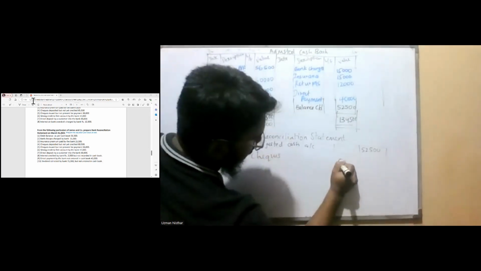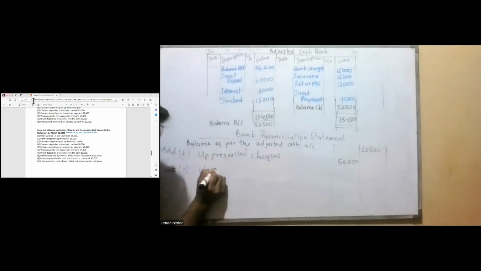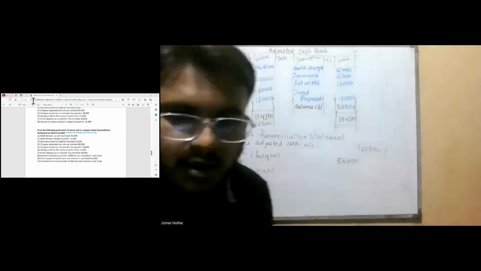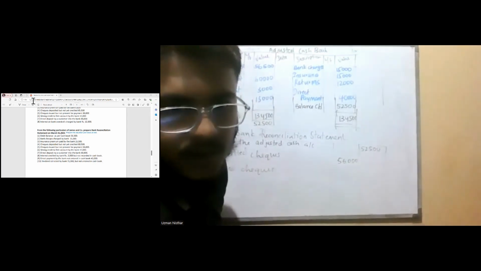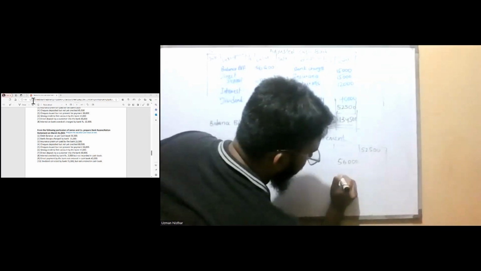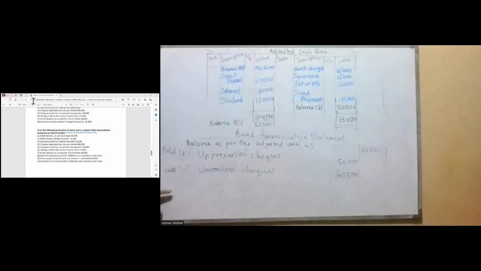And then we have less unrealized checks. We have checks deposited but not credited, 60,500. So include that in the bracket.